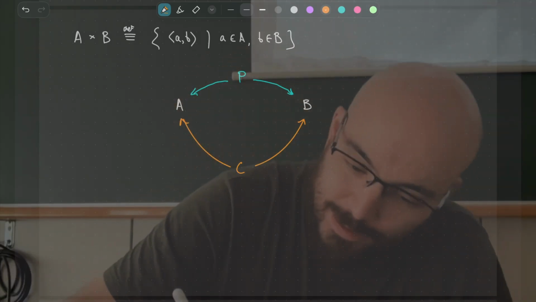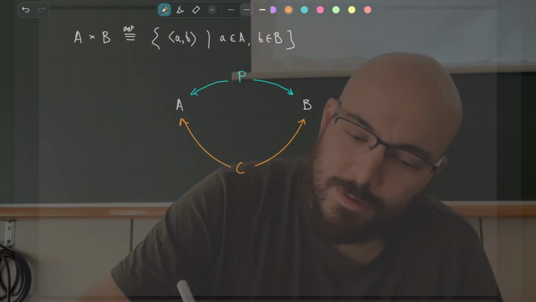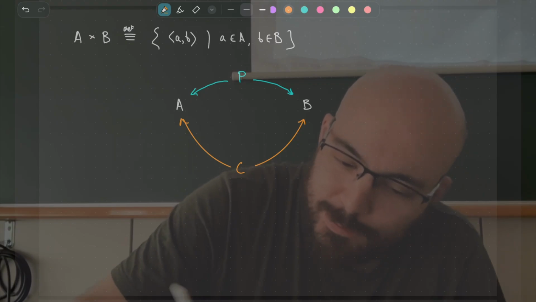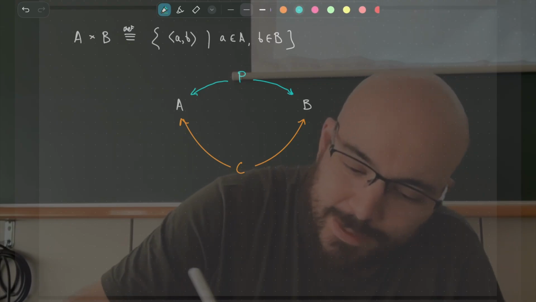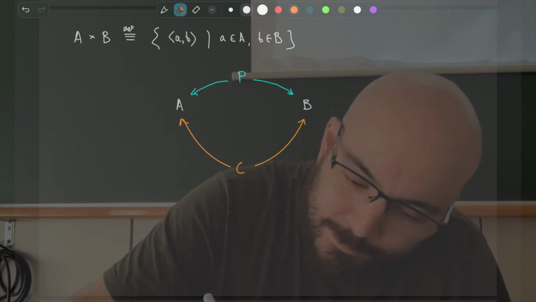So here comes the tricky part, the essential part of this. Any candidate is worse than mine, or mine is better than any candidate of yours, if I can get from the orange thing to the blue thing.